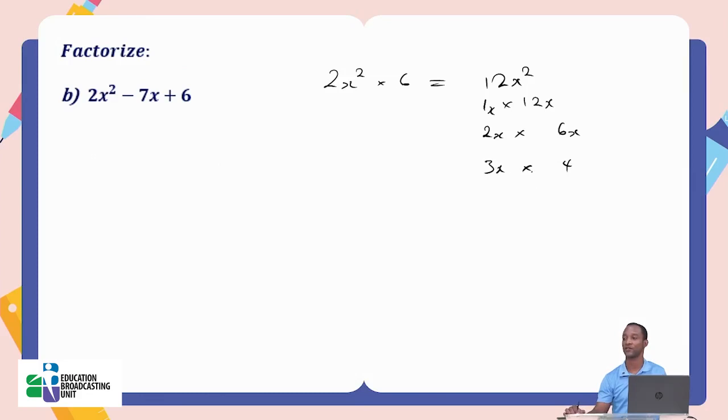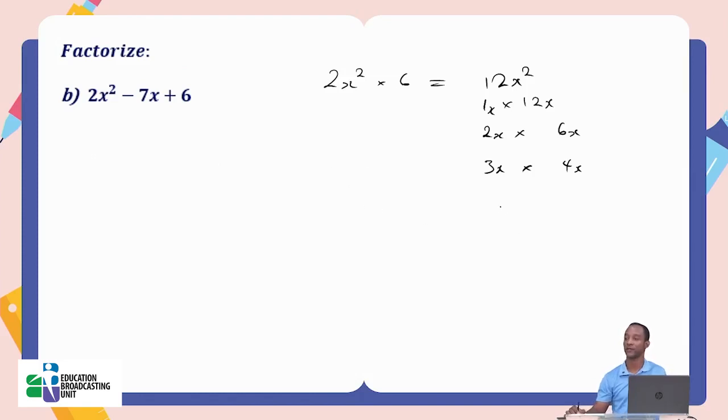So that's 3x times 4x gives us 12x squared. So all these pairs of factors will give us 12x squared. However, which pair of factors will give us negative 7x? Now you might be asking, how could I add 3x to 4x, or 2x to 6x, or 1x to 12x and get the negative 7x?